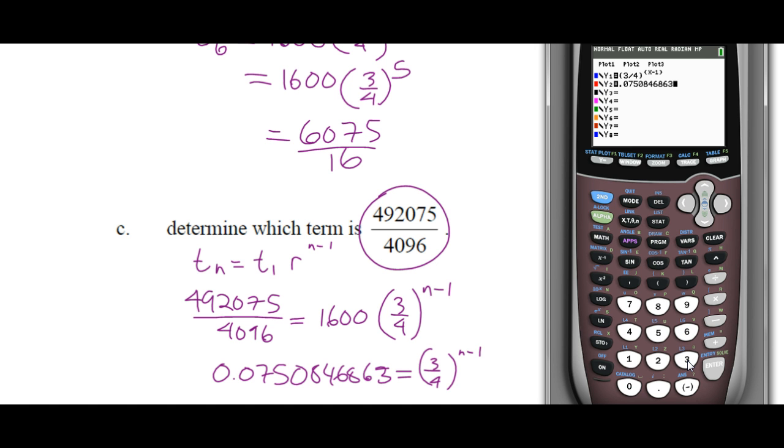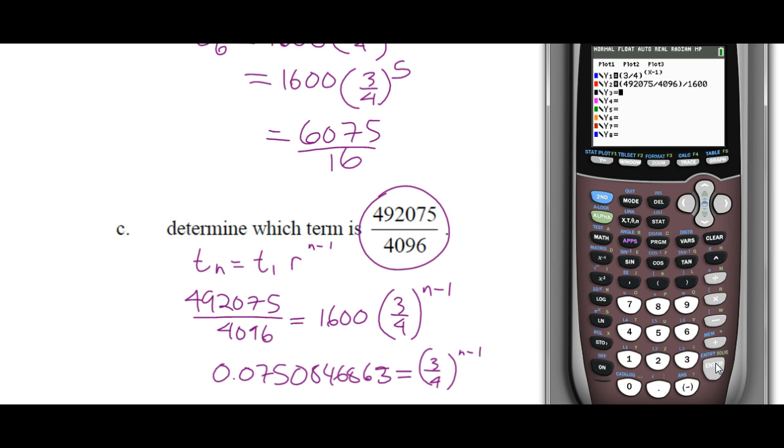I guess I could have recalculated it. Actually, let's do that. So let's go bracket. This time I'll throw the brackets in. 492,075 bracket divided by 1600. Oops. First it was divided by 4096, then divided by 16. Okay, and that should give us that number, right?